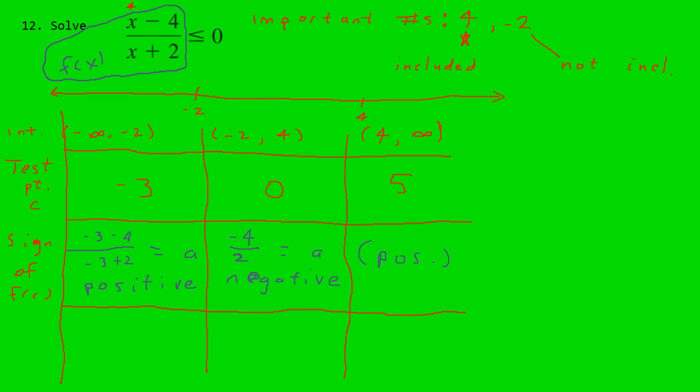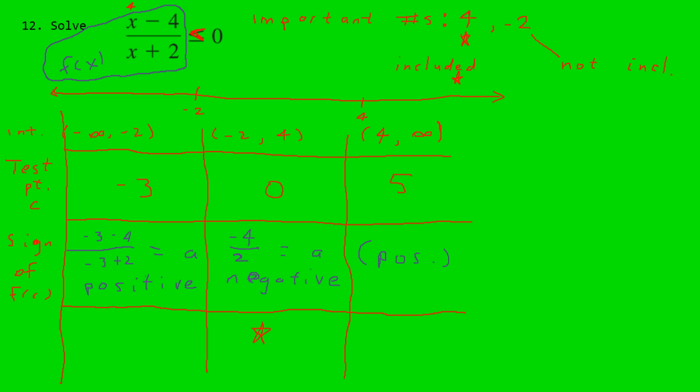Okay. So now we've got results for these intervals. And so the question is, which are the winning intervals? Which ones get to be part of that union, which is the solution set? Well, in order to answer that question, we have to look back up at the original inequality, and it's a less than.